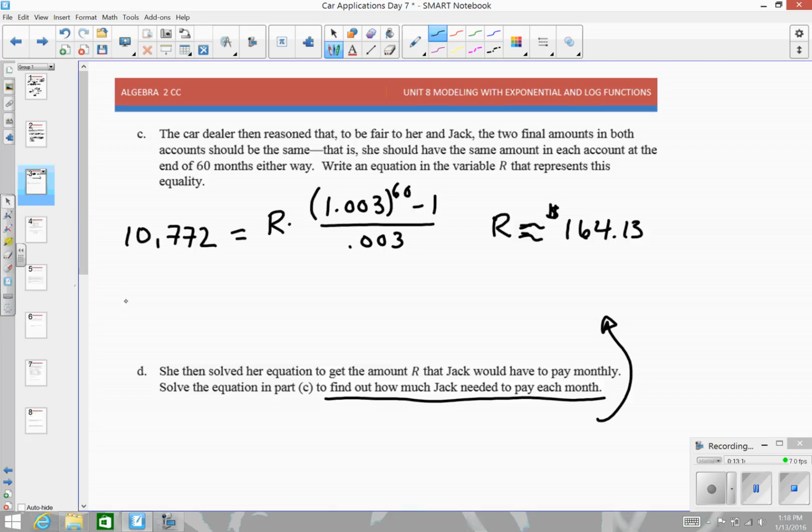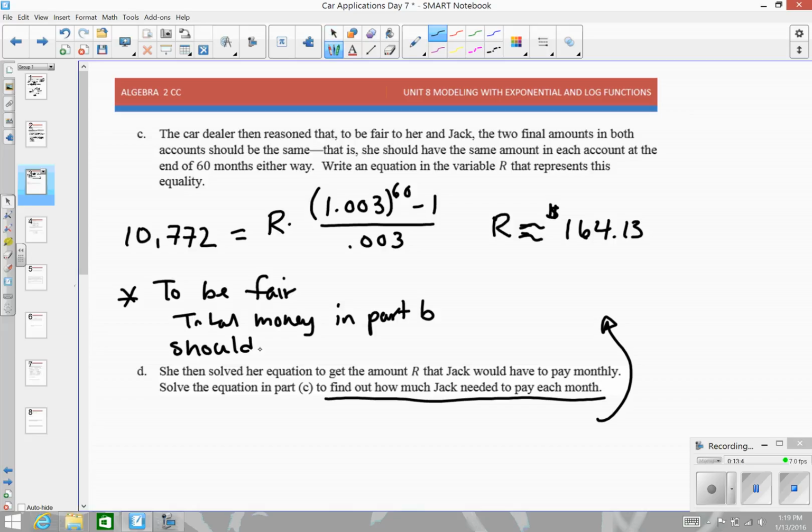But what we wanted to make sure, and I'll write this down for you, in order to be fair, the total money in part B should equal total in part A.